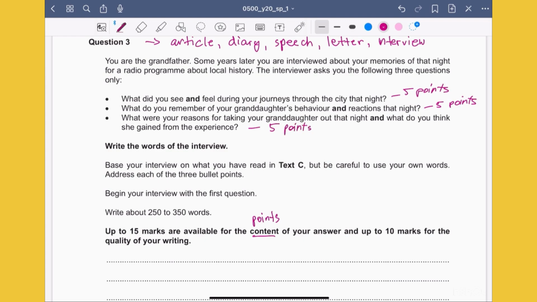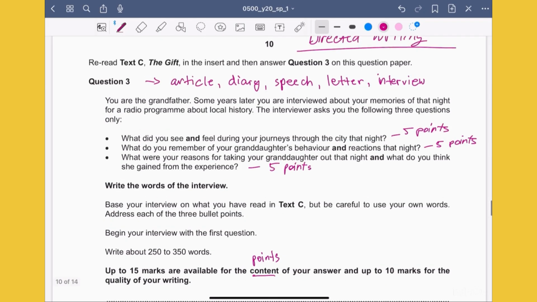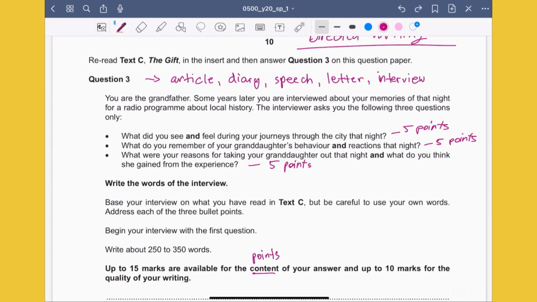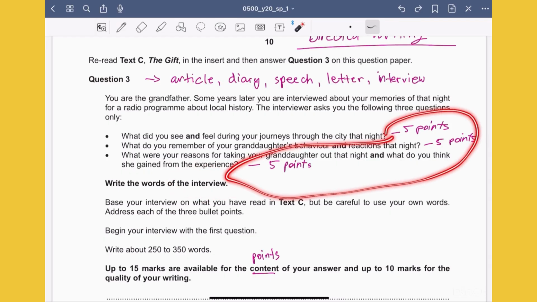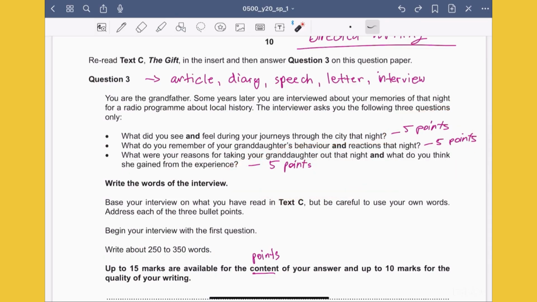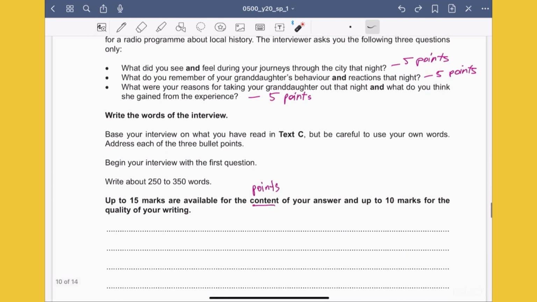Okay. And then basically, once you have your 15 points from the text C, you put it into the correct format of the question. Over here, they're asking for an interview, and you just write your 15 points in that interview format. And that's pretty much it. And again, they're giving you a word count over here, 250 to 350, which is okay if you exceed it or write less.